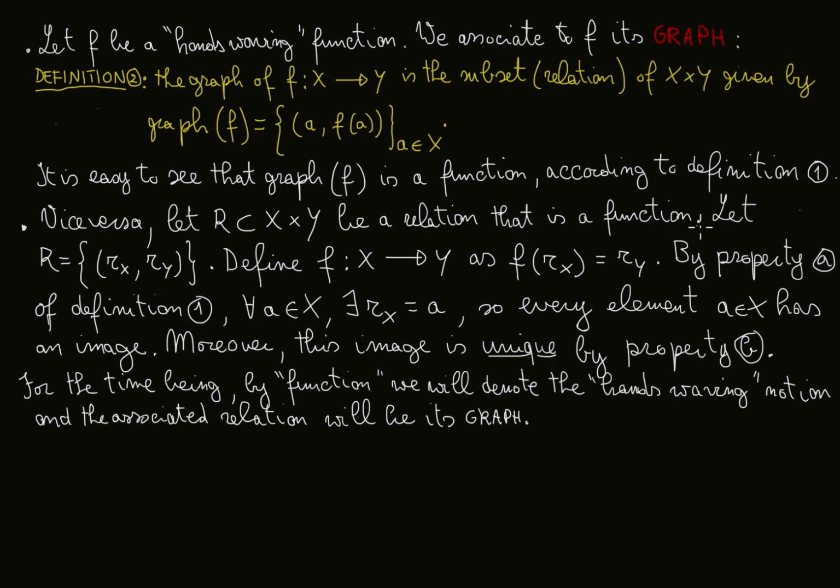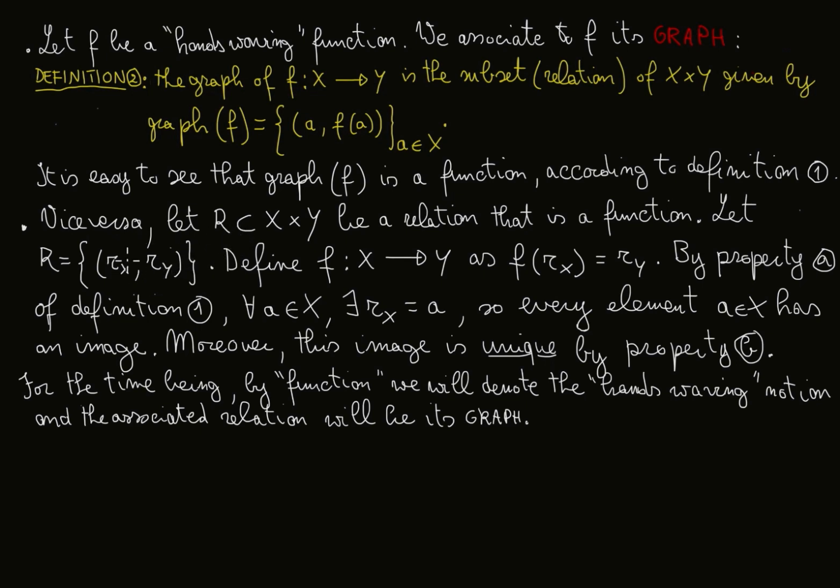Now, how do we associate to that a correspondence between x and y? A law that allows me to associate to any element of x an element of y. So let R be the set of points, of elements of the kind Rx and Ry.